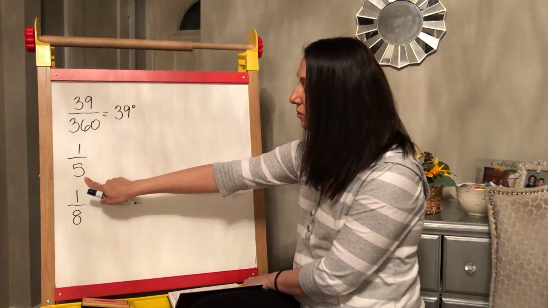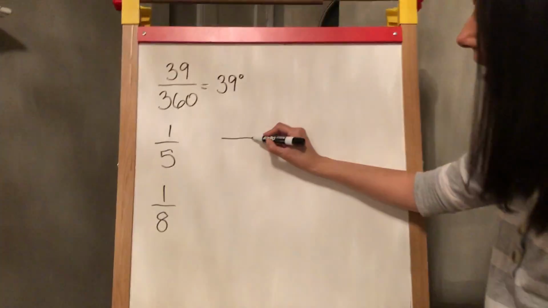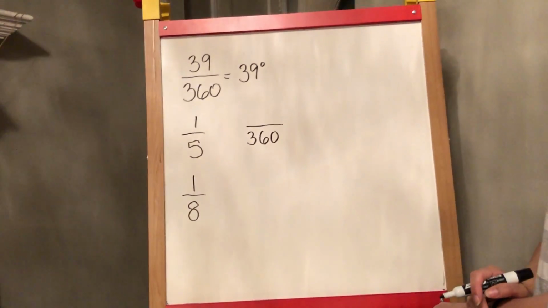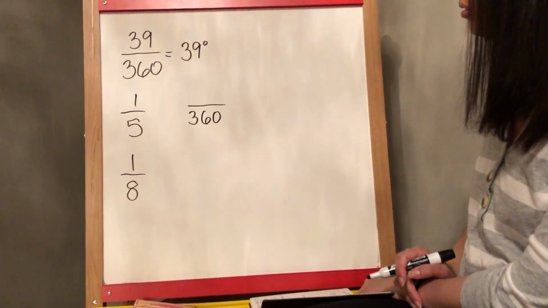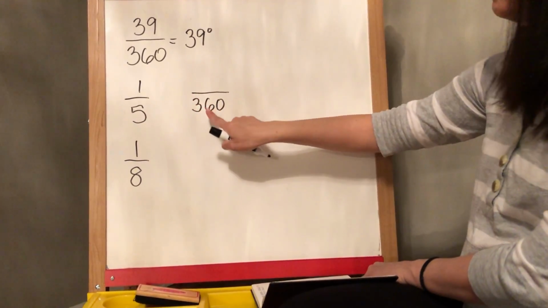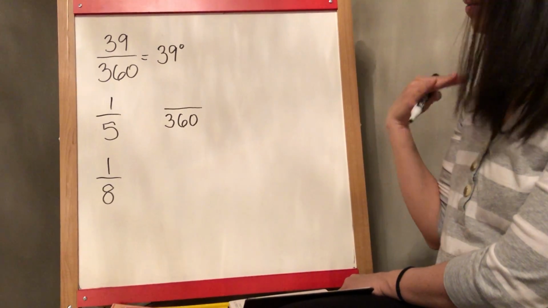So this one isn't going to be as easy. I'm going to have to do some work to solve this one. I want my denominator to be 360, which means I need to find an equivalent fraction to 1/5 where the denominator is 360.